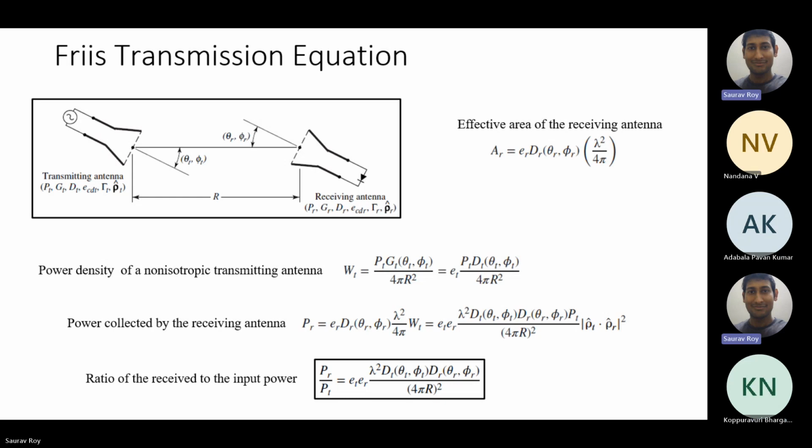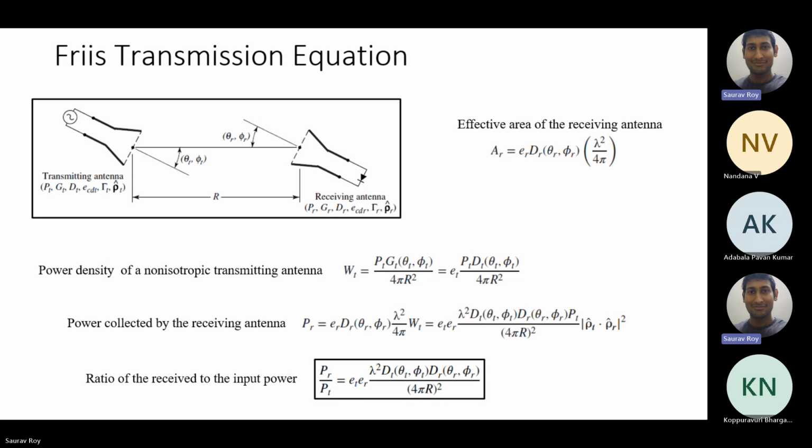Okay. So now let's come back to this equation, the Friis transmission equation. That's what I was telling you. It is so beautiful, a very simple equation, but it is prevalent everywhere nowadays. The picture shows two antennas. The left hand side is the transmitter with all these defined characteristics.